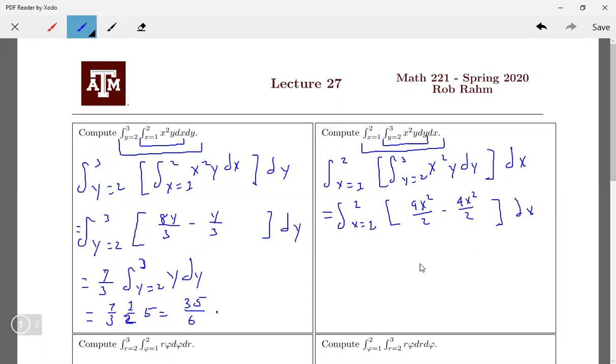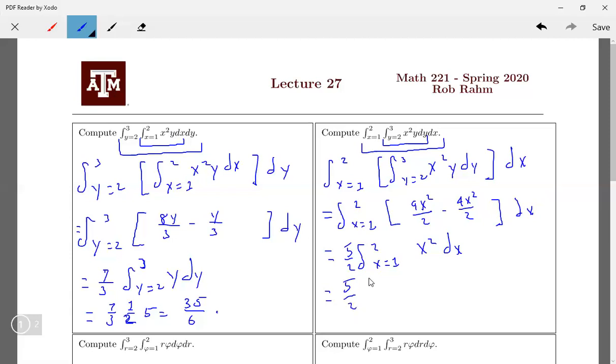And now this is just an integral in terms of x. So this is equal to 5/2 times the integral from x equals 1 to x equals 2 of x squared dx.